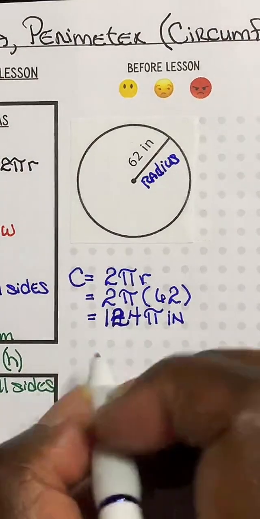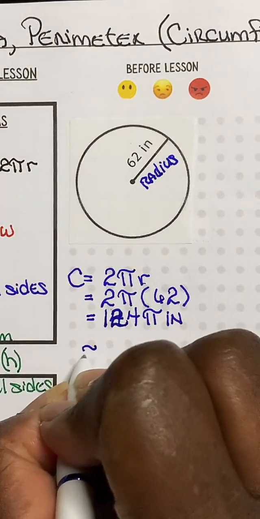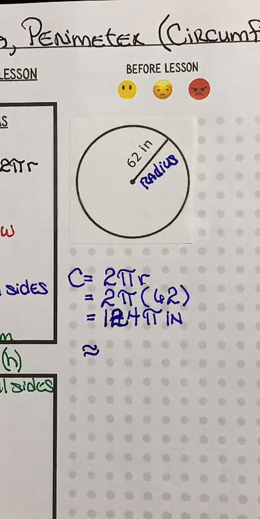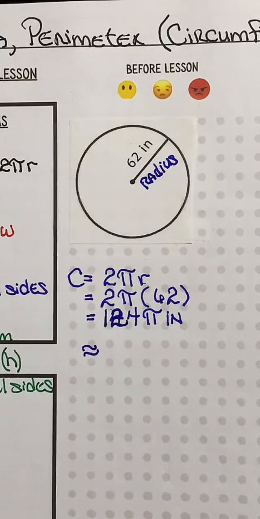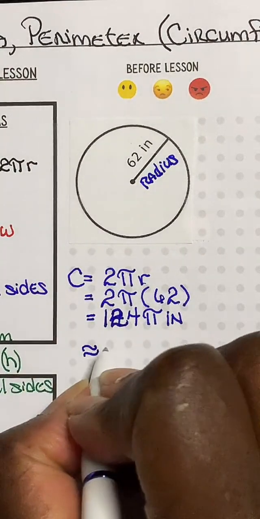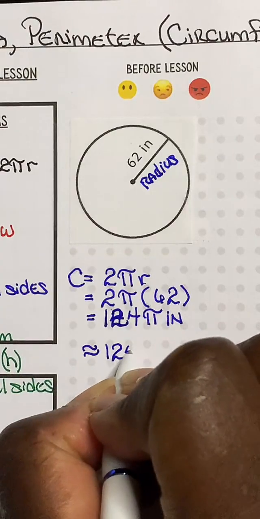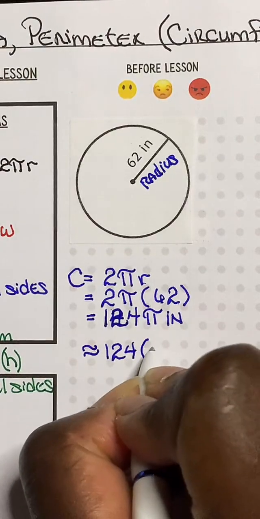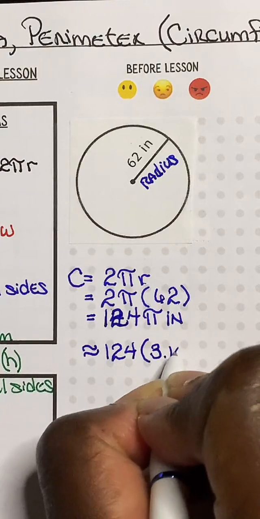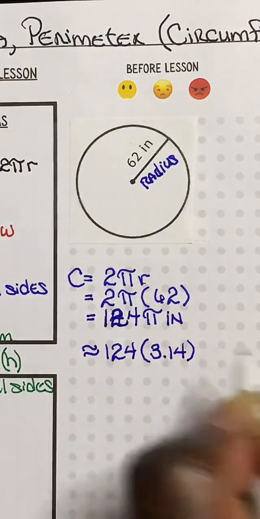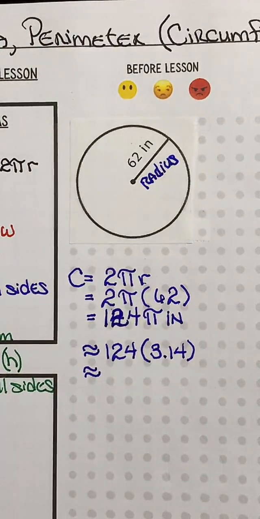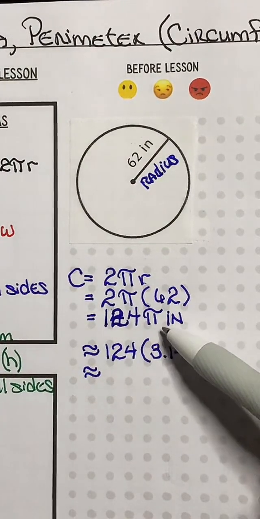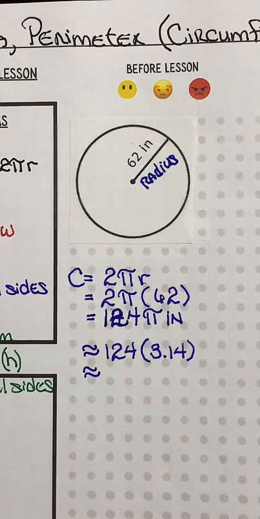Now, if they say they want the approximate, here's my wavy gravies. They want that 124 multiplied roughly by 3.14. When they say what's the approximate answer, they want a decimal. But if they say exact, they want you to keep it in terms of pi.